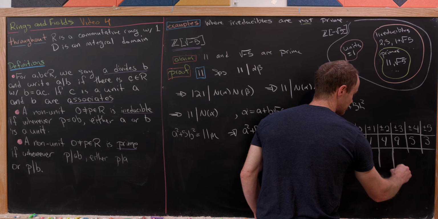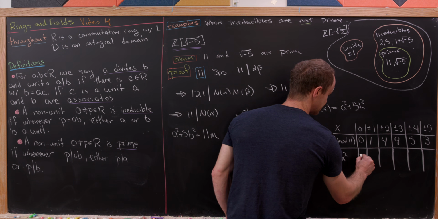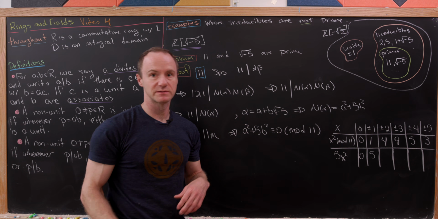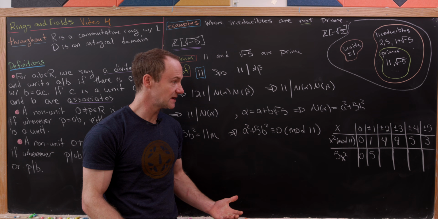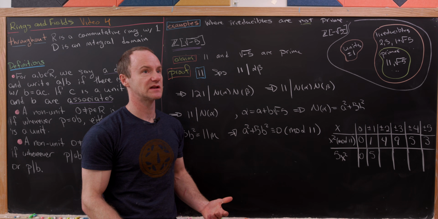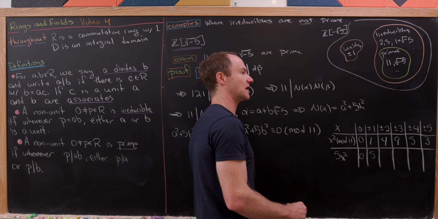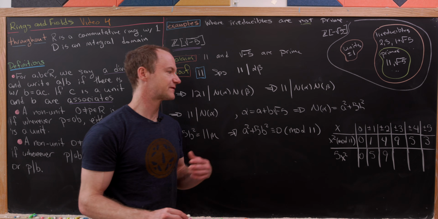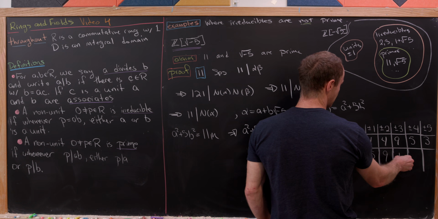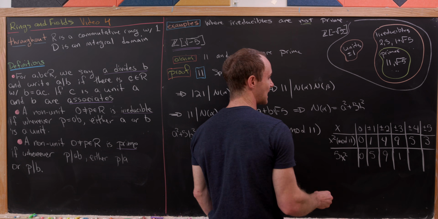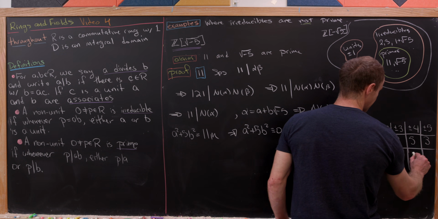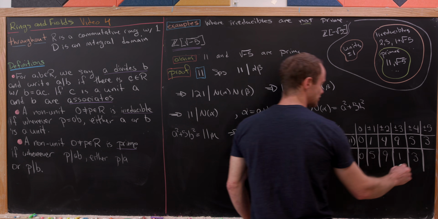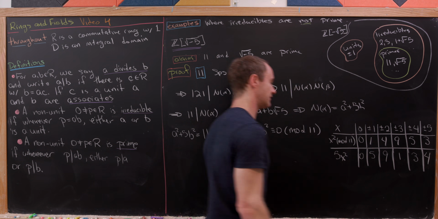So let's see, that'll give us 0, that'll give us 5. 5 times 4 is 20. Notice that 20 is going to be the same thing as 9 mod 11. 5 times 9 is 45, which is 1 mod 11. 5 times 5 is 25, which is 3 mod 11. 5 times 3 is 15, which is 4 mod 11.